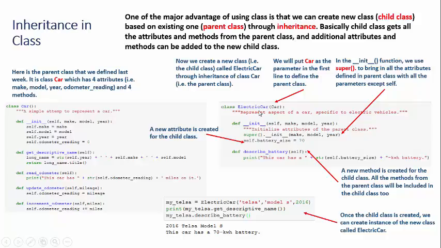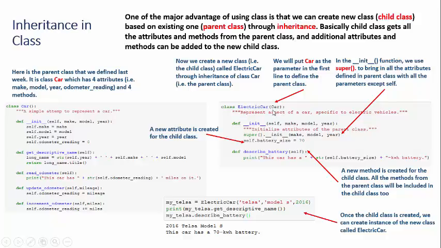Okay, so we can create an electric car class from scratch, but that is not the way we're going to do it. We actually will inherit from whatever we defined in the car class and add a few more. So we want to create a new class called electric car.